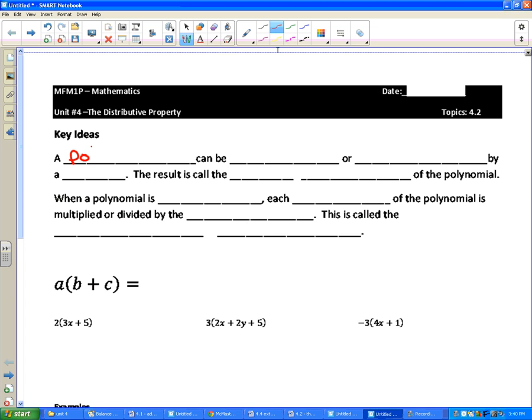A polynomial can be multiplied or divided by a constant. We looked at constants in the last video, and we said a constant was any number just by itself, so no letter or variable that goes along with it.